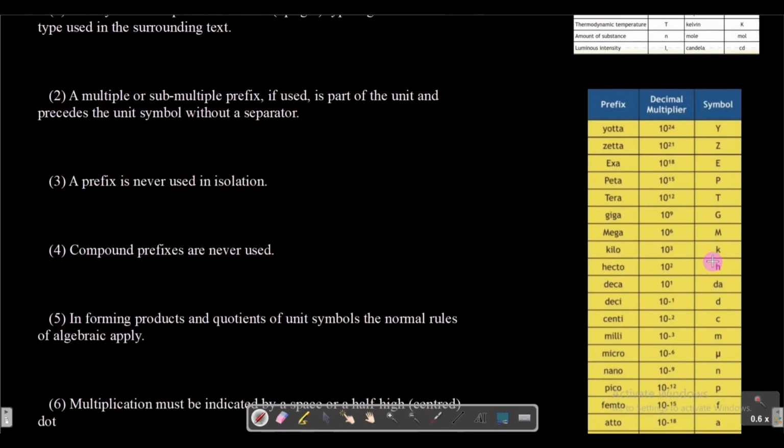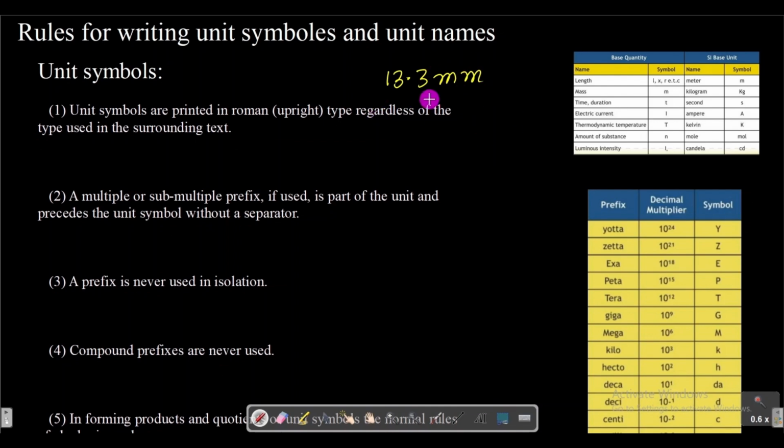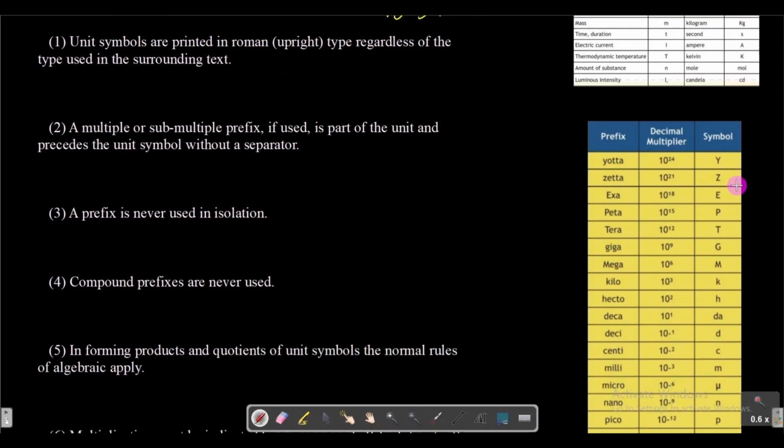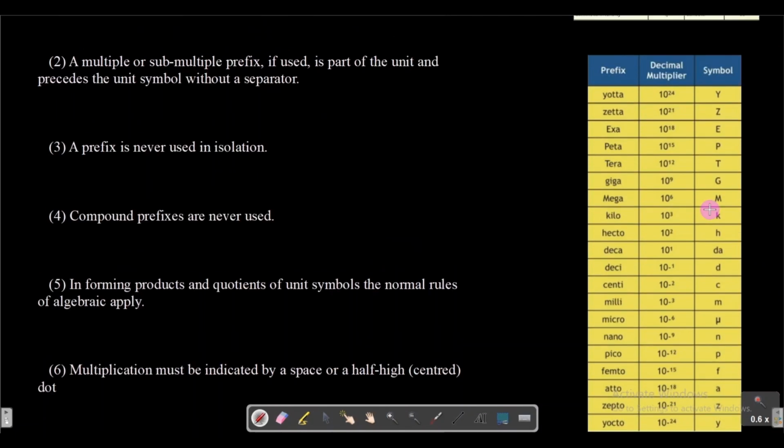So if these two are present in the same measurement, let's say someone says my measurement is 13.3 millimeter, here we don't know which m is used for the milli and which is for the meter. So for the meter, this small m is used, and similarly for the milli prefix, this small m is used.